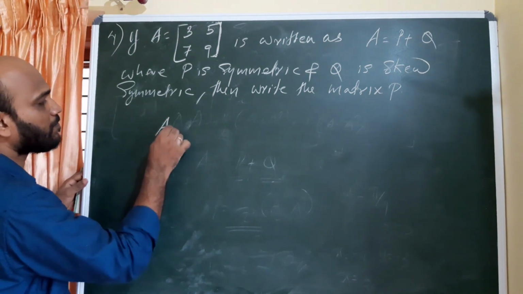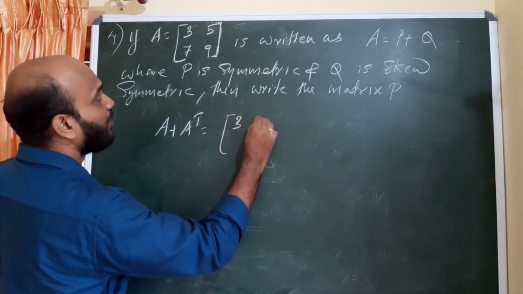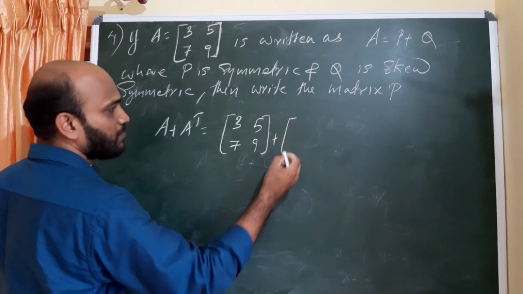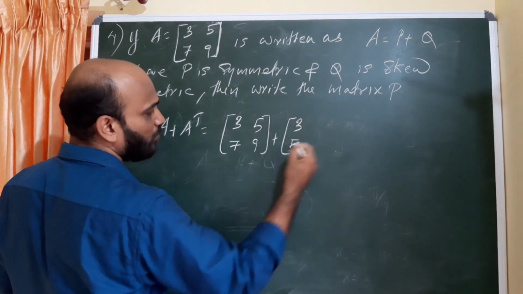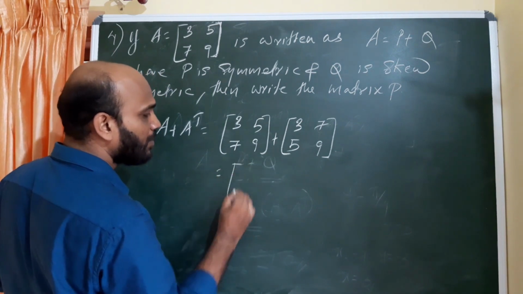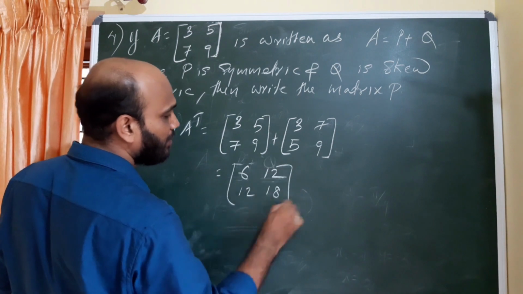A plus A transpose, that is matrix 3, 5, 7, 9 plus its transpose. First row changes to first column, second row changes to second column. Is equal to 6, 12, 12, 18.